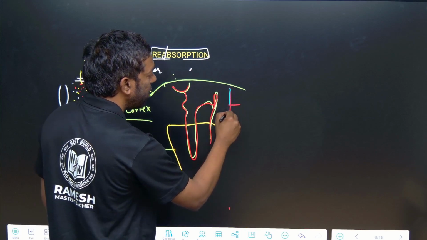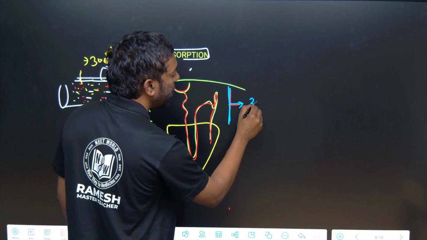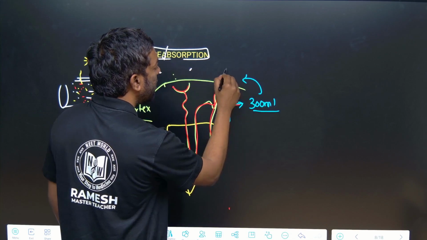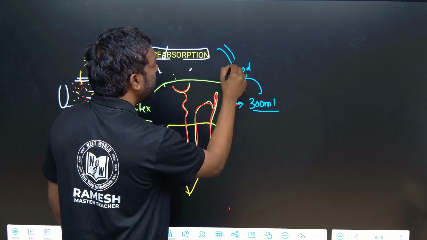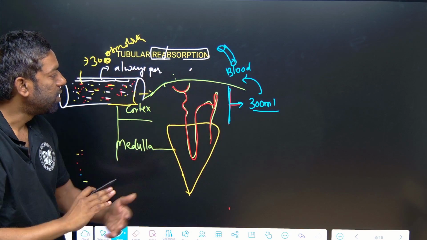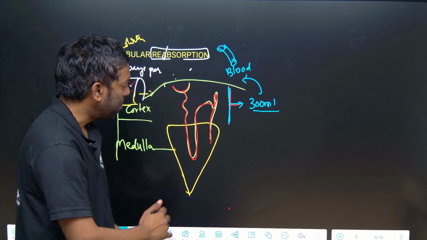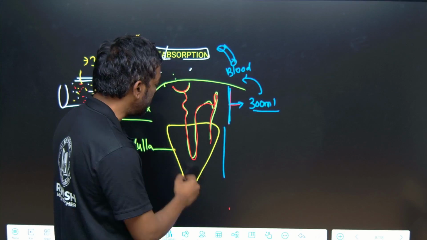The cortex region has an osmolarity of 300, the same as the blood vessel. But the medullary region is separate.